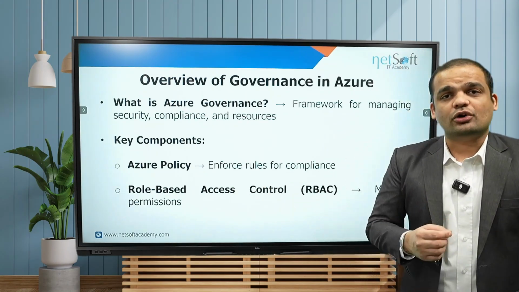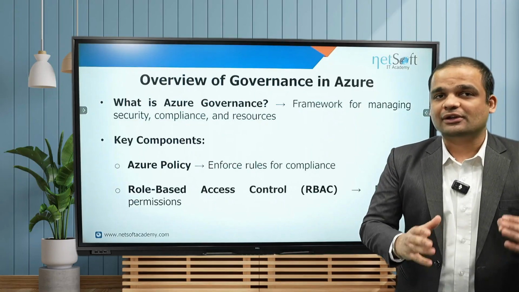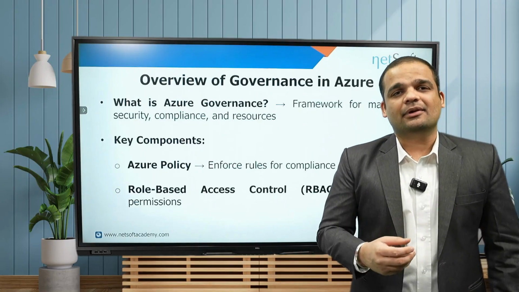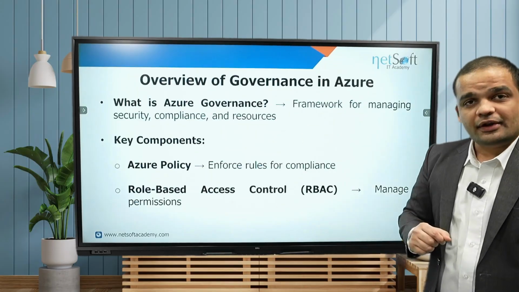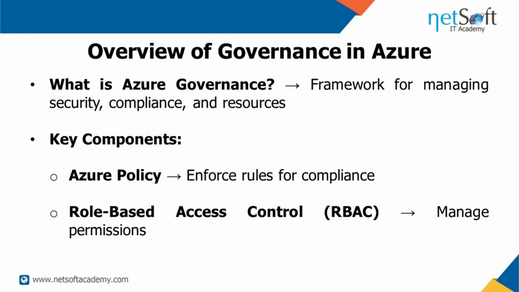Azure governance includes several key components that enable effective control over your cloud resources. Now, the first one is Azure Policy. This tool or service allows you to define and enforce rules that ensure compliance across your Azure environment.